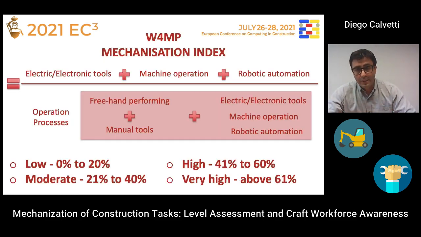Well, it is based on this Worker 4.0 motion productivity process that the quantitative mechanization index is calculated. It is based on the proportion of that mechanical process over only the processes pointed out as operative. It means we are avoiding here the portion of non-productive work or supportive work.